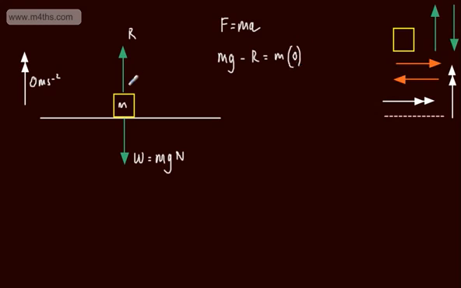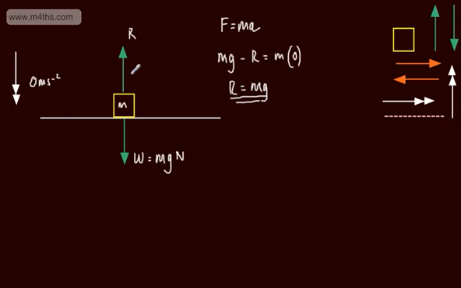If we switch this round it will be slightly more accurate, as I'm now resolving in the direction of the acceleration. But as there's no acceleration, it doesn't really matter. So what we can see from here is R will be equal to mg. The normal reaction force will be equal to the product of the mass times gravity.